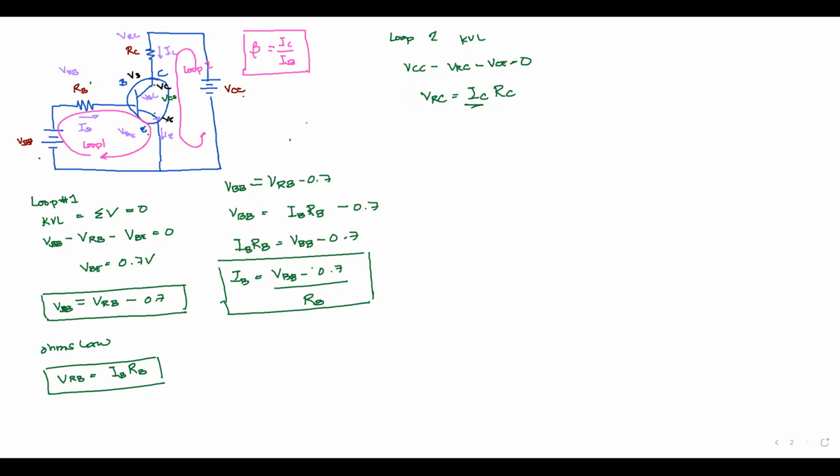Okay. So in this case, we have now here your VCE. The VCE is usually equal to VC minus VE. Your VE is usually equal to VB minus VE also.